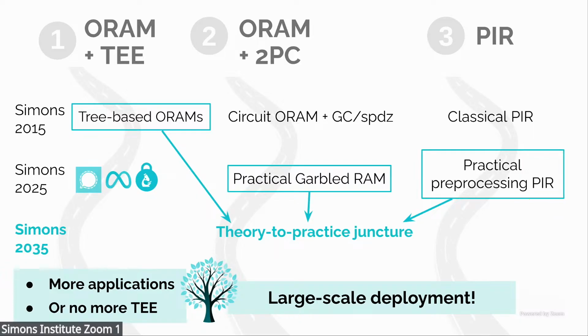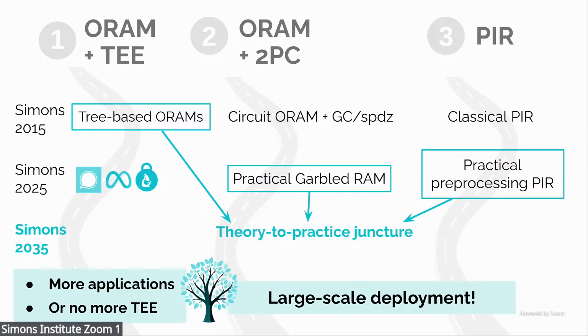And this time ORAM is really deployed in real life at a large scale. I would like to think that right now we are at the same kind of theory to practice juncture for doubly efficient PIR and preprocessing PIR.